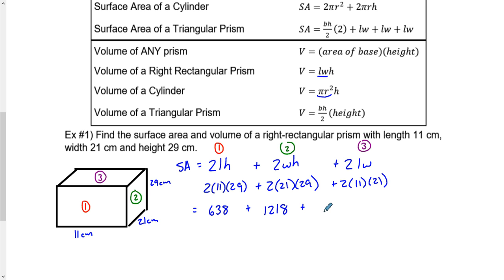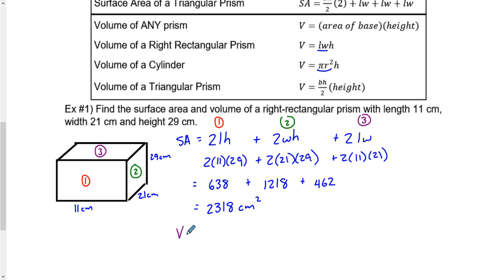And the top and bottom would have an area of 462. We add all of those together, and our area would be 2,318 centimeters squared. So this entire area, surface area, so the area of just the surfaces, would be this.